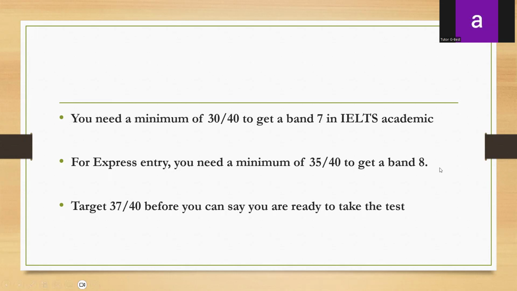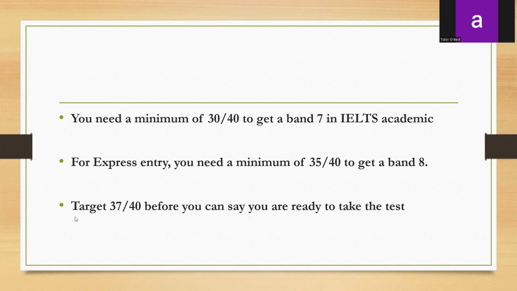That's a band 8. It's not necessary to qualify, but to have a higher chance of getting invited. But your target should be around 37 over 40 before you can say you are ready to write this test.